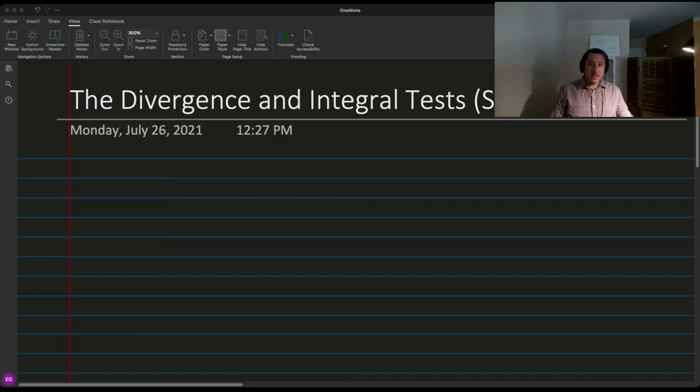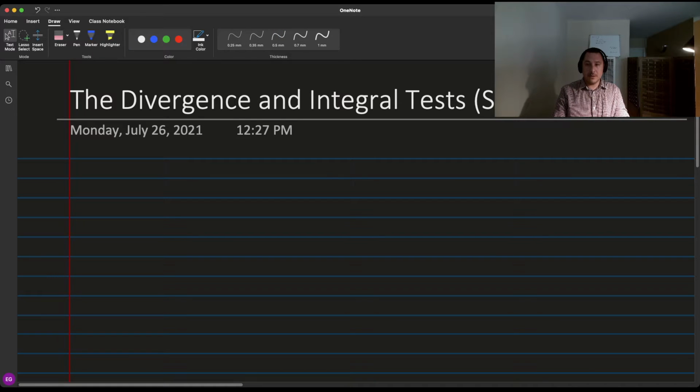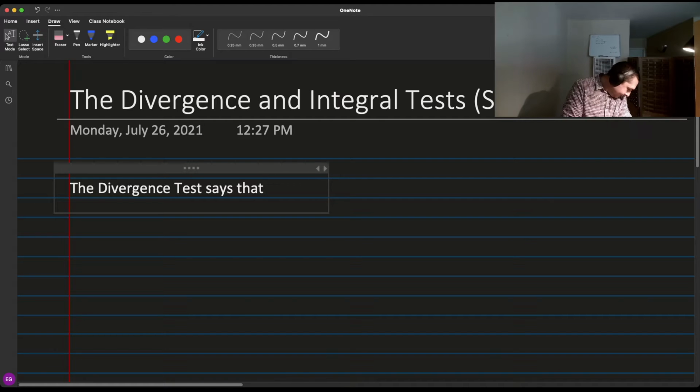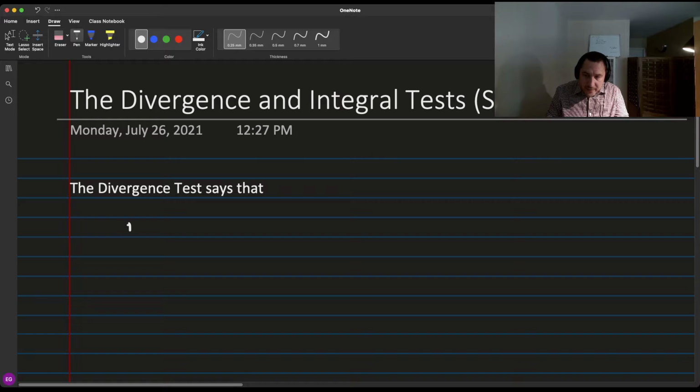So, the first one is called the divergence test. So what does the divergence test say? The divergence test says that, let's say you have an infinite series, the sum from n equals 1 to infinity of a_n. So a_n is the sequence that you're adding up.